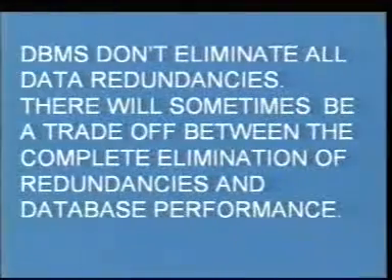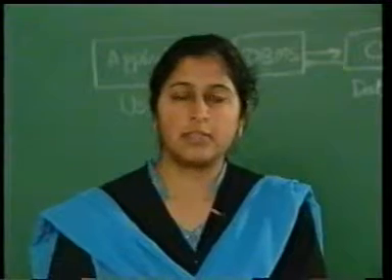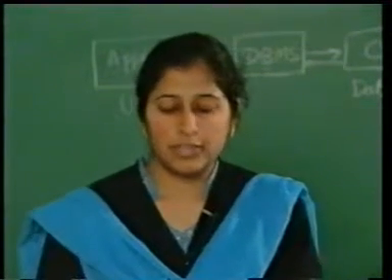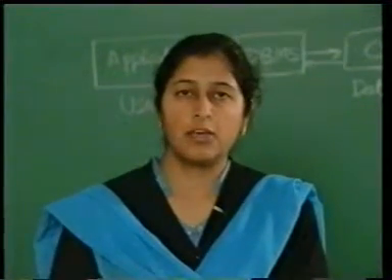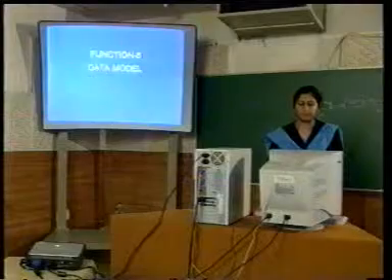The DBMS does not eliminate all data redundancies. There will sometimes be a trade-off between the complete elimination of data redundancies and database performance, which implies that either there will be some data redundancy or there will be a better database performance.